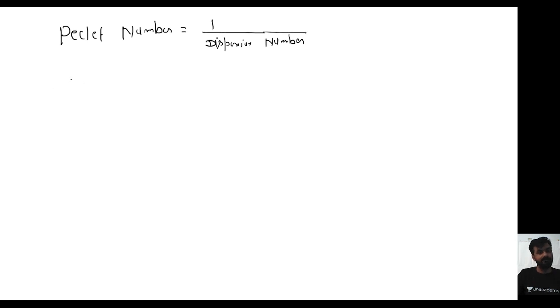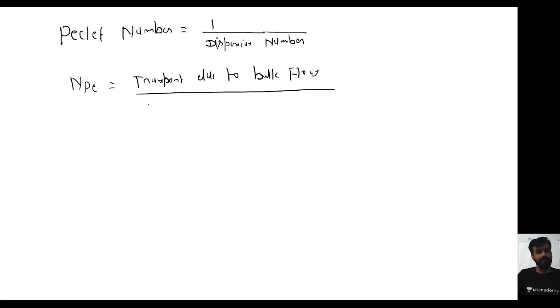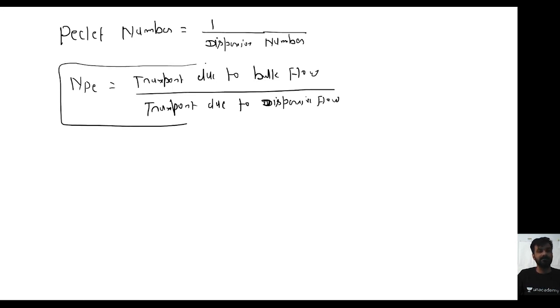So you can write Peclet number as transport due to bulk flow divided by transport due to dispersive flow. Are you getting? Transport due to bulk flow divided by transport due to dispersive flow.